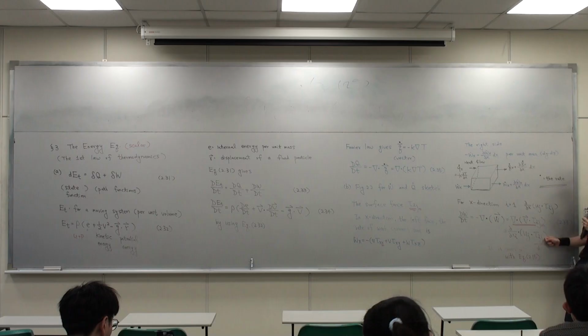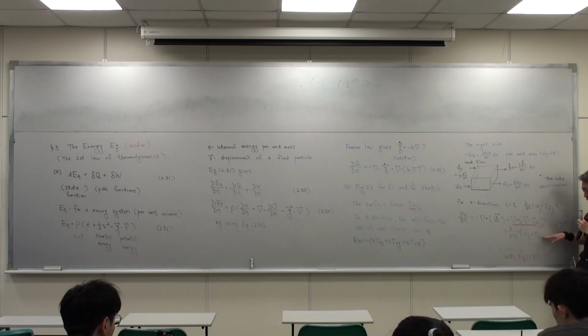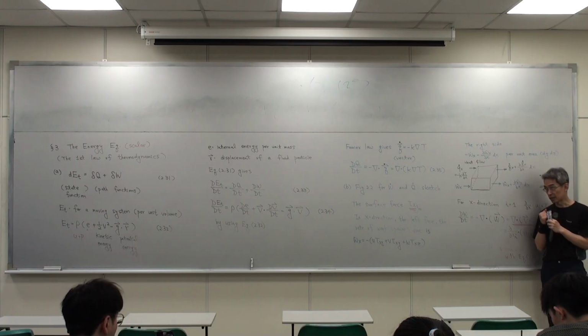If you separate this, you shall have two terms: keep this and differentiate this, and also keep this term and differentiate this term. So this is another vector identity.